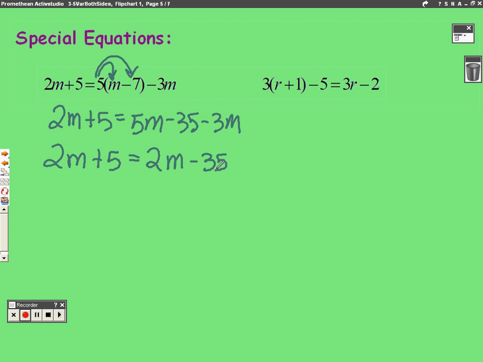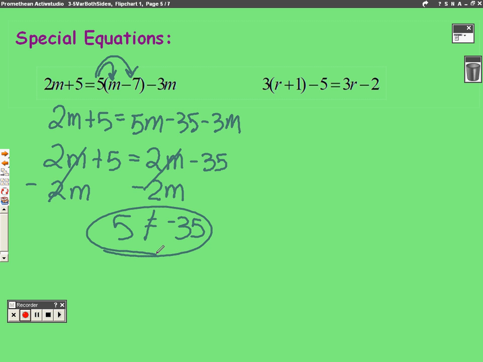Okay, so I have that, and let's keep going. What do I do next? Subtract 2m from both sides, and I end up with 5, because these guys cancel, equals negative 35. Is that a true statement? No, this is not true.